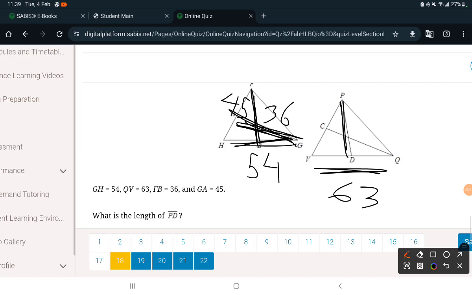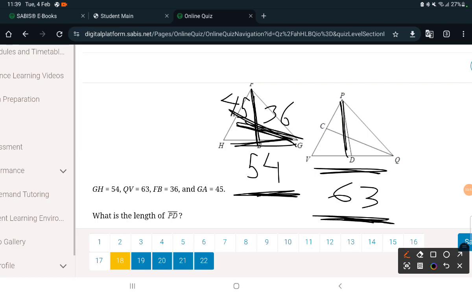So what we could do is just the proportionality theorem again. We need to take one side that has a value in the other triangle too. So the base side in the first triangle has the value of 54, and the base in the second triangle has a value of 63. So we could use that.